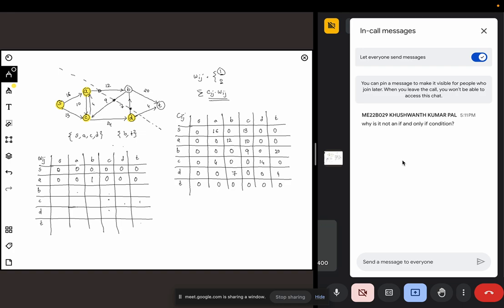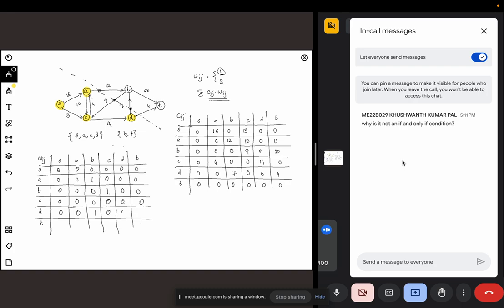Okay. B to S, B to A, B to B, B to C, B to D, and B to T. Then what else do we have? C to S, C to A, C to B, C to C, C to D, C to T. D to S, D to A, both are different colors.